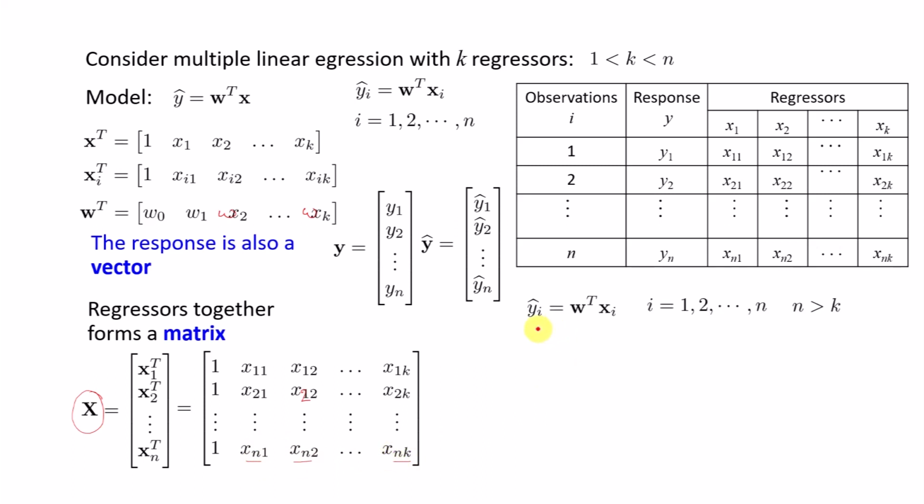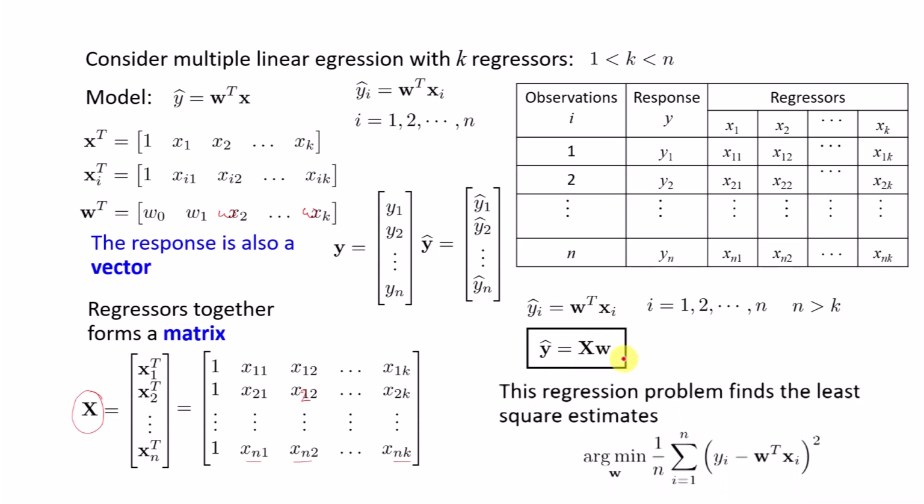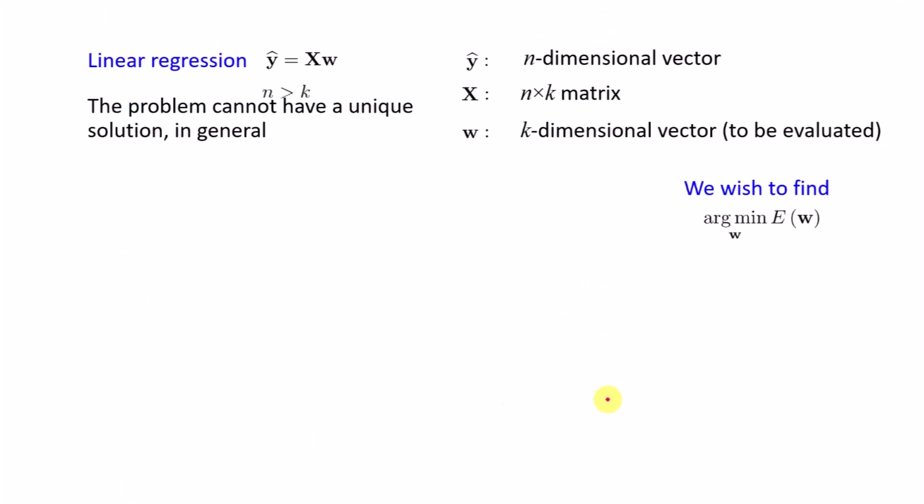And then this ŷ_i is wᵀx_i as we have defined before, and we can write this ŷ = Xw. So then the regression problem is finding the least square, y_i minus ŷ whole square. And here is the same problem.